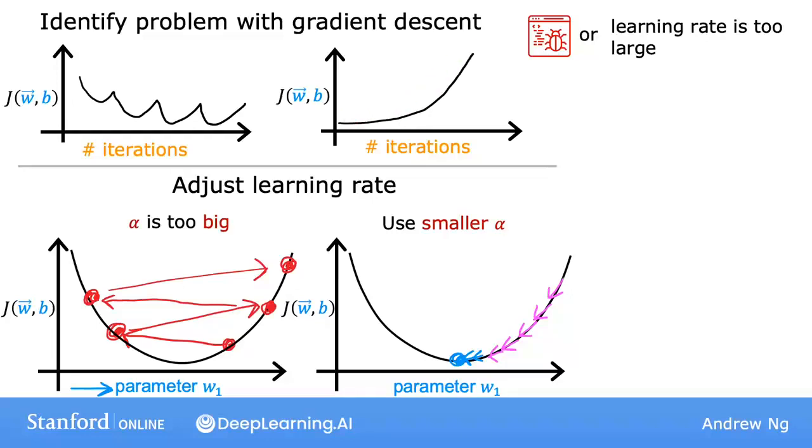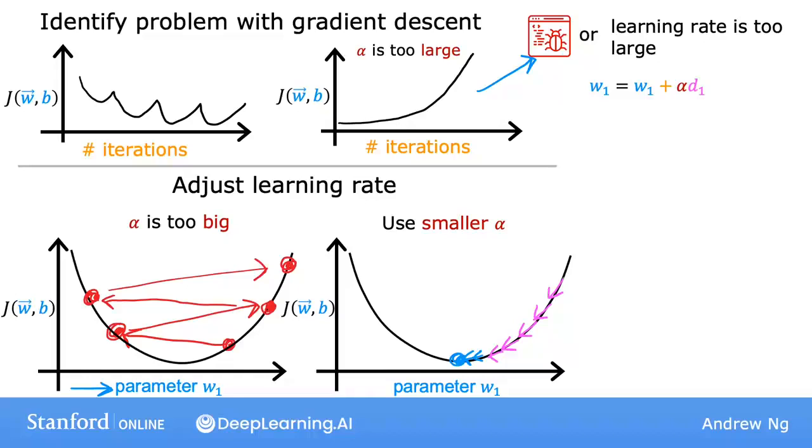This is also likely due to a learning rate that is too large, and it could be addressed by choosing a smaller learning rate. But curves like this could also be a sign of a possible bug in the code. For example, if I wrote my code so that w1 gets updated as w1 plus alpha times its derivative term, this could result in the cost consistently increasing at each iteration.